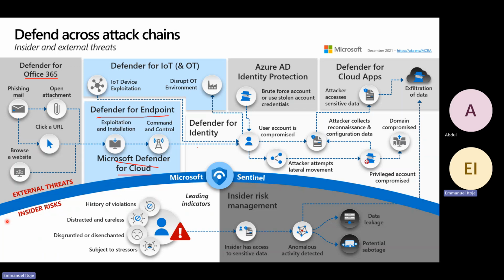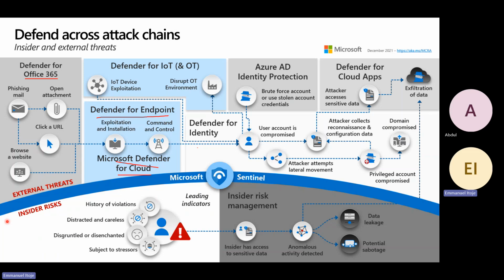They just want to sabotage the environment. So with the help of Microsoft Insider Risk Management, now in Microsoft 365, it helps to minimize internal risks by enabling you to detect, to investigate, and act on malicious and inadvertent activities in your organizations.